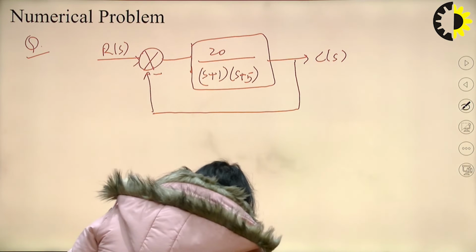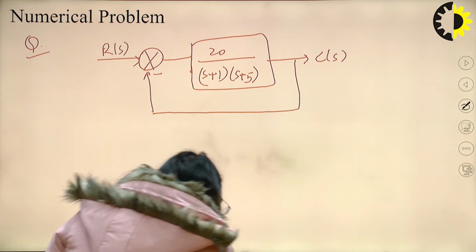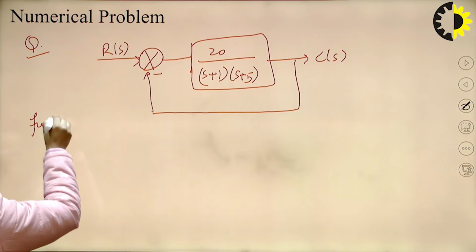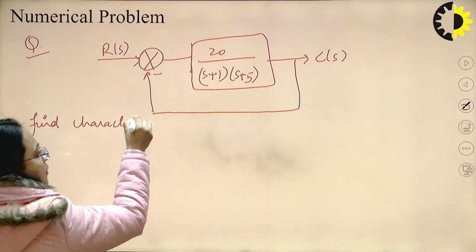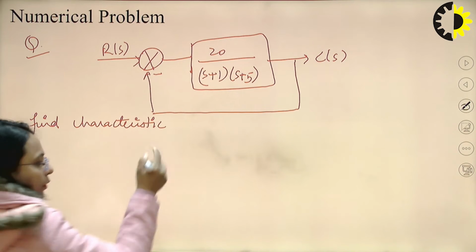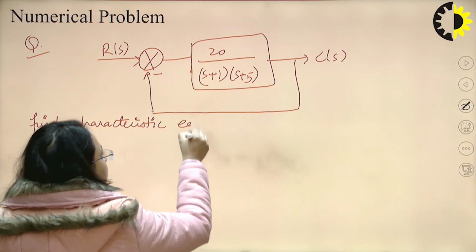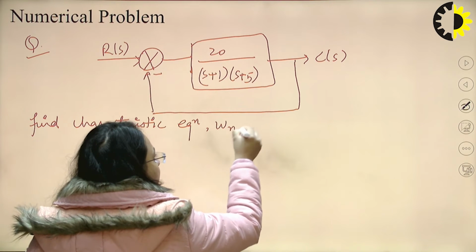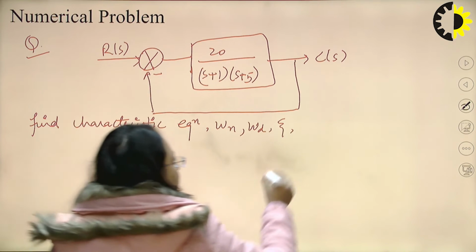What we have to find out here is the characteristic equation. This is the numerical that I have taken from a book, that's why I am looking downwards. We have to find the characteristic equation, the natural frequency, and the damping ratio.